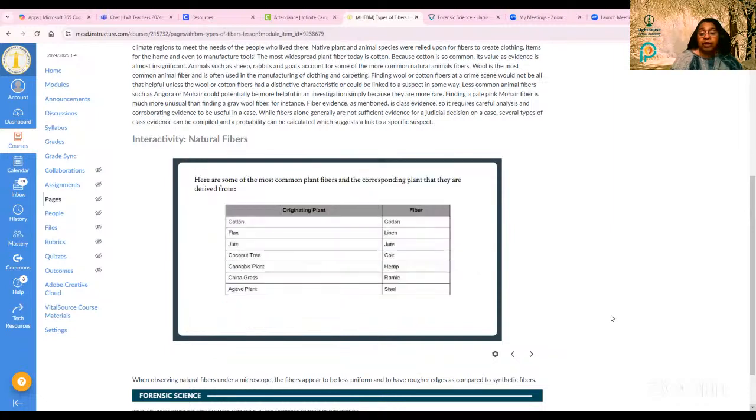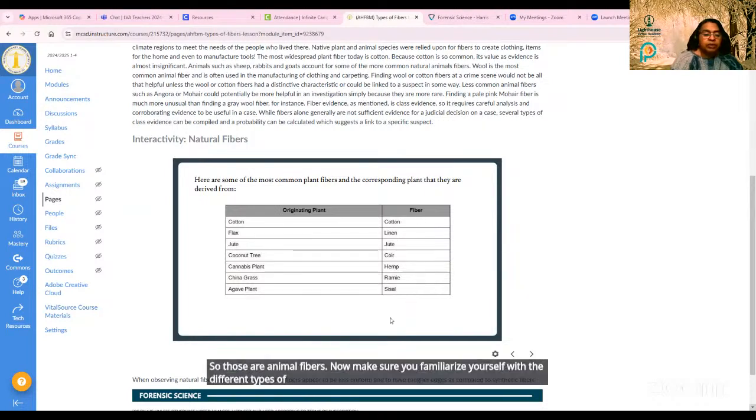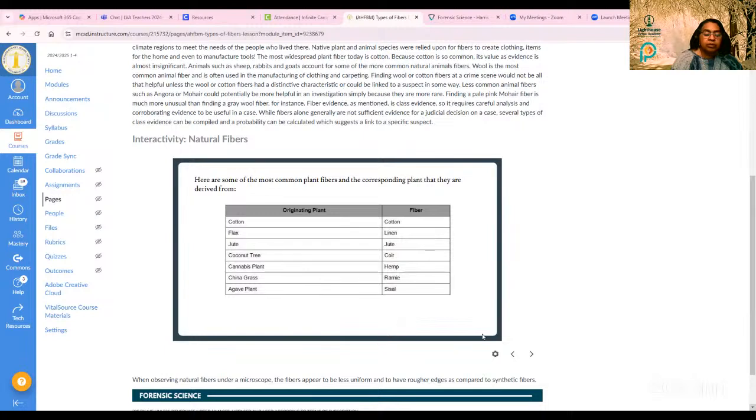is rare. All right, so then you have plant fibers. So those were animal fibers. Now make sure you familiarize yourself with the different types of plant fibers. Okay, so these two lists, plant fibers and animal fibers, make a good matching activity.